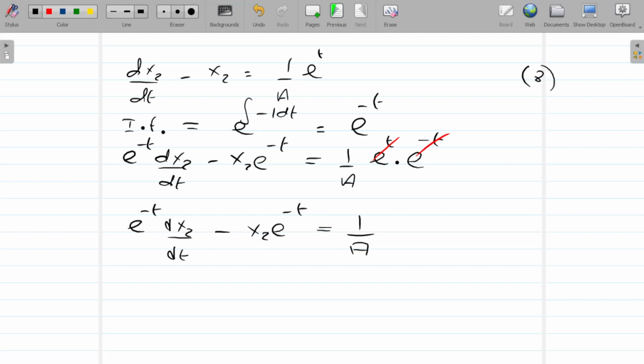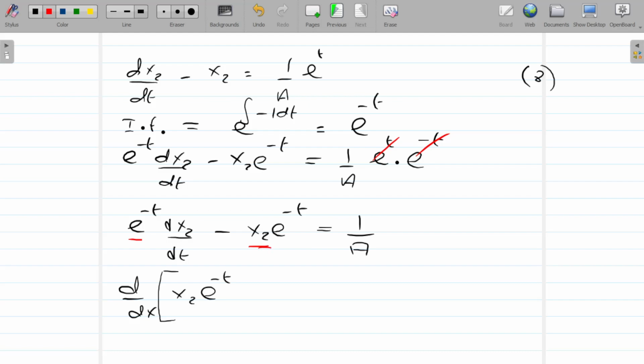There. Now, the left-hand side can simply be written as d by dt of, in brackets, x2 e to the minus t. So basically, if you're not sure what we're doing here, you write this down multiplied by this.